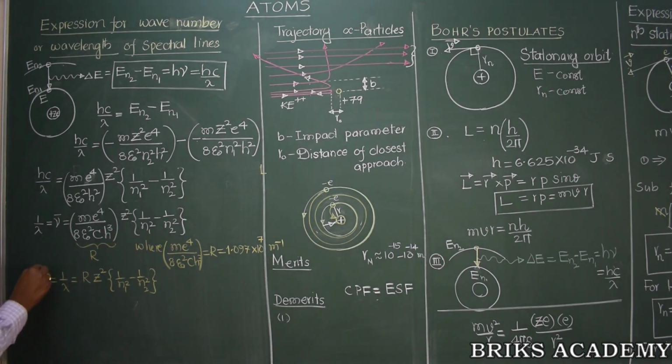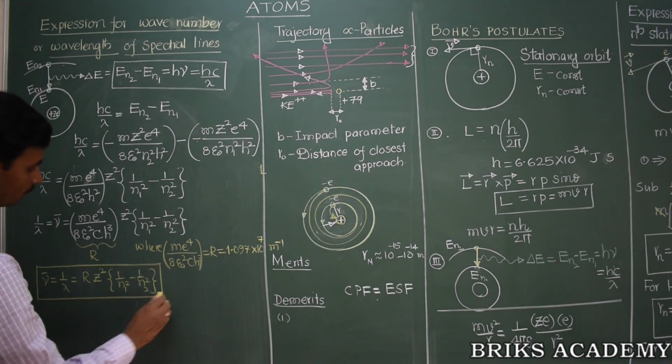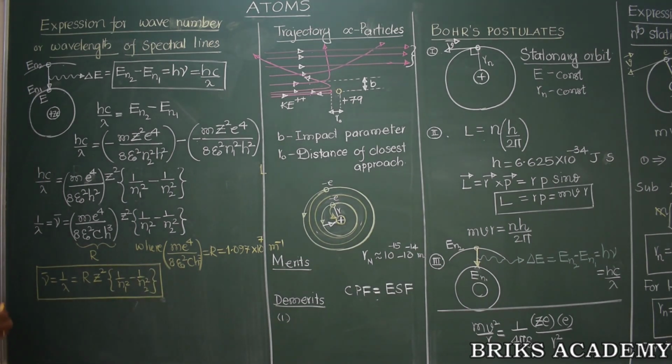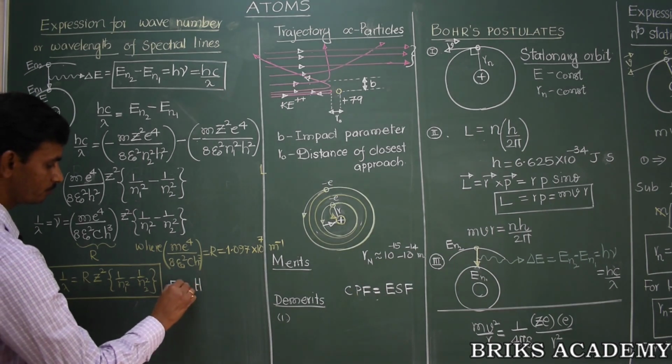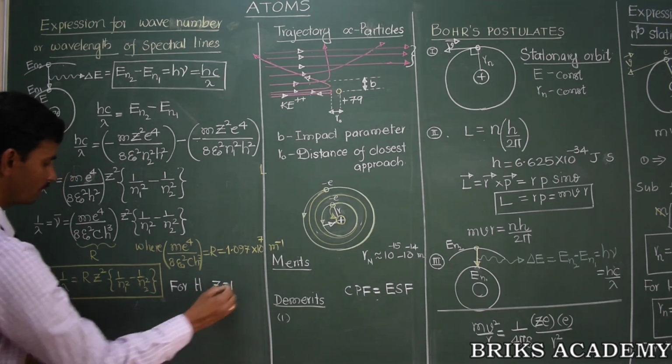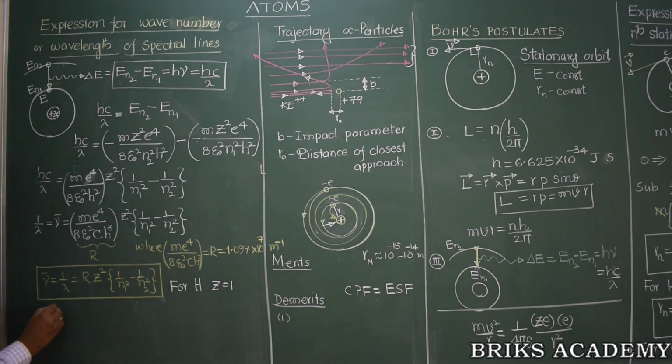So this is the expression for wave number of any spectral line emitted by an electron transition in a given atom. But since the theory proposed by Bohr is applicable only to hydrogen atom or hydrogen-like atoms, for hydrogen the Z value becomes 1.